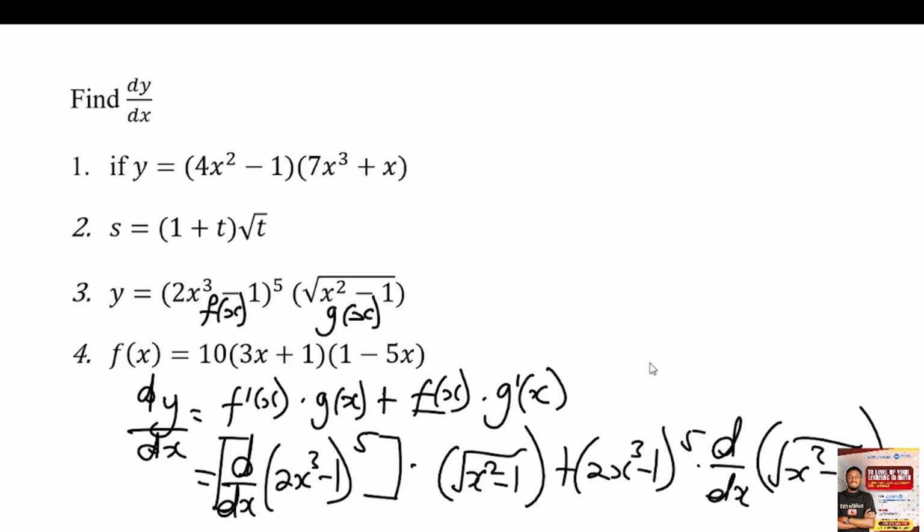Okay, now we know that root x squared minus 1 is the same as x squared minus 1 exponent half.